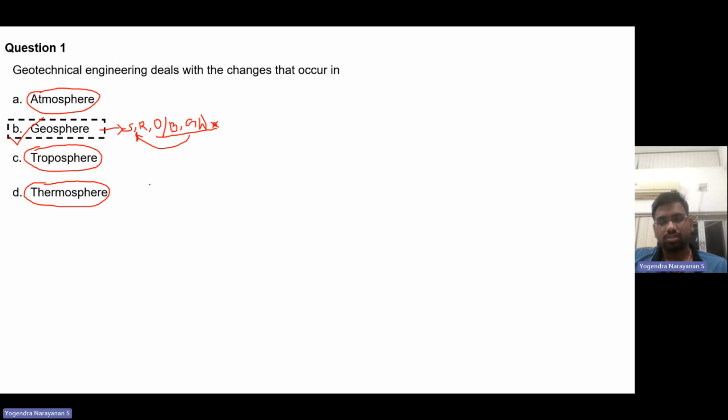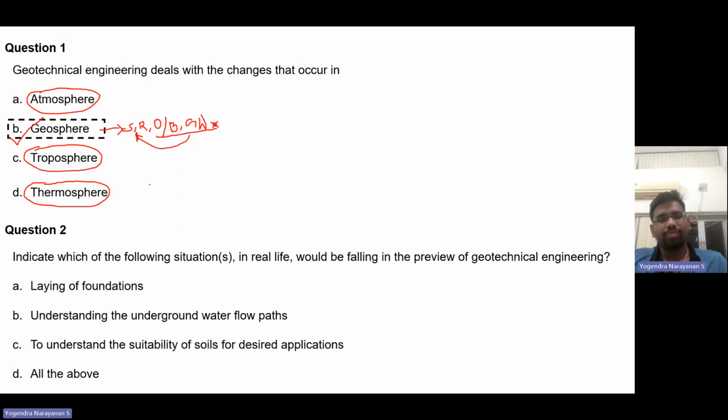So moving on to the next question. Question 2. Indicate which of the following situations in real life would be falling in the purview of geotechnical engineering.